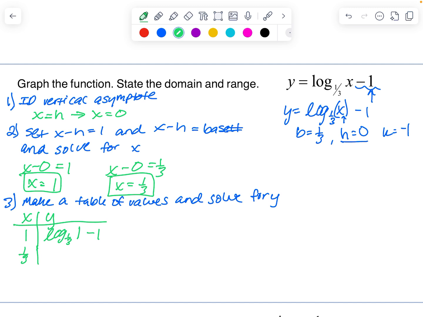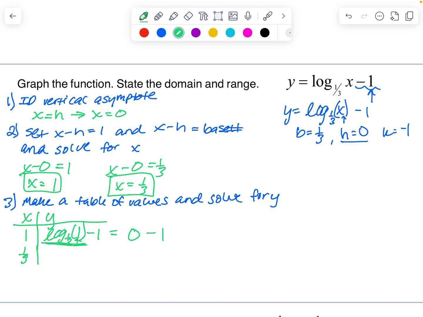To evaluate that and figure out what y is, we know I'm taking a log base 1/3 of 1. We know our special log rules, or one of our special logarithms is the logarithm of 1, where anytime I'm taking a log of 1, my answer is 0. So no matter what the base is, this piece evaluates to 0.